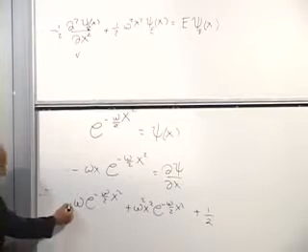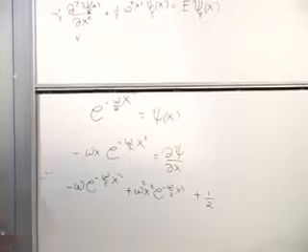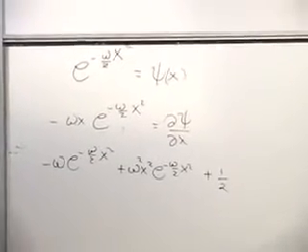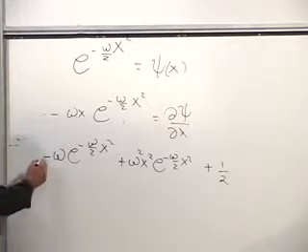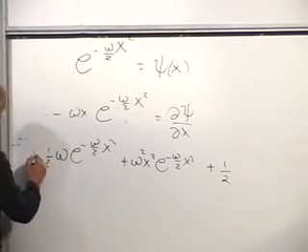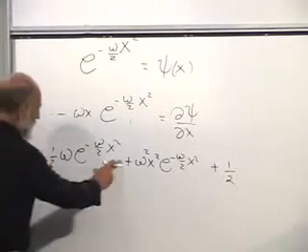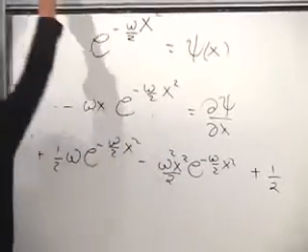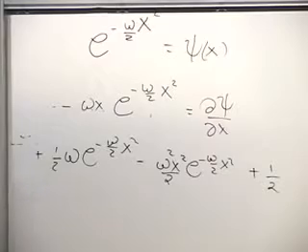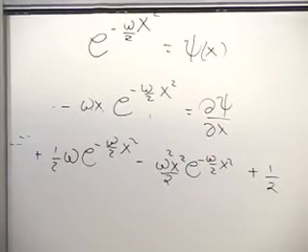That will give us a plus, am I right? I don't want to disturb it unless I know what I'm doing. I think I should write this being plus 1/2, and this one should be minus 1/2. That's the minus 1/2 in front of the second derivative of psi by dx squared.